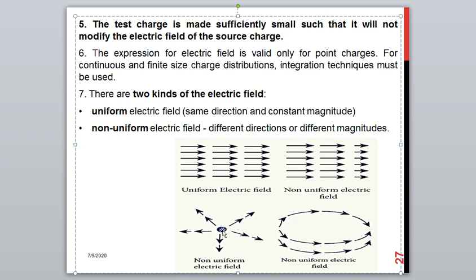You can see that I have a charge in the middle, and the arrows nearer to the charge are a little larger than the second circle of arrows, which is smaller, indicating that the field strength nearer to the charge is higher than in the space somewhat away from the charge.